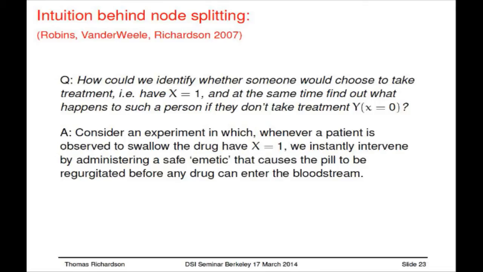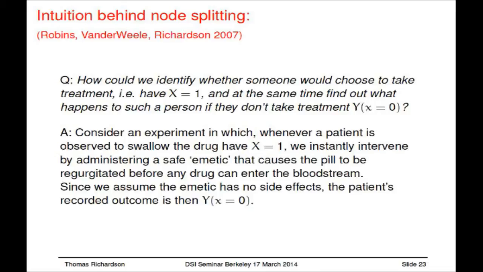And then we see what his outcome is. In this way, we both know that Jazz is in the group that would take treatment in the observational study, and we get to see what would happen to him under y of x equals 0. And we're assuming that this emetic has no side effects.